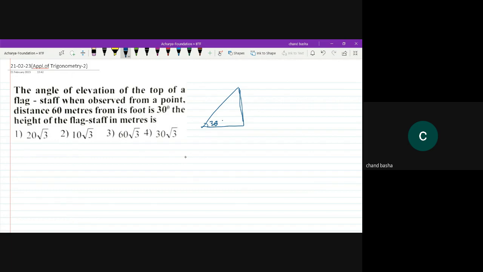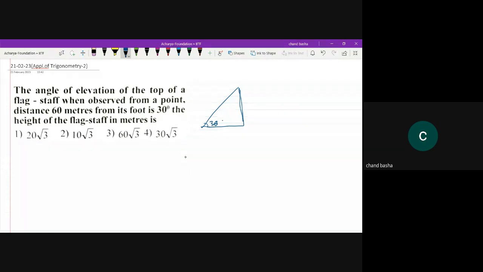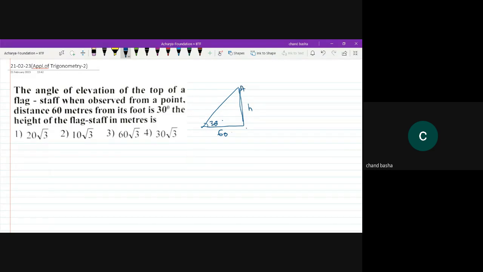Angle of elevation of the top of the flagstaff when observed from a point at a distance of 60 meters. I'm taking this as ABC. We can make use of tan 30, which is equal to opposite, that is H, divided by adjacent, that is 60. From this, H is equal to 60 times tan 30.